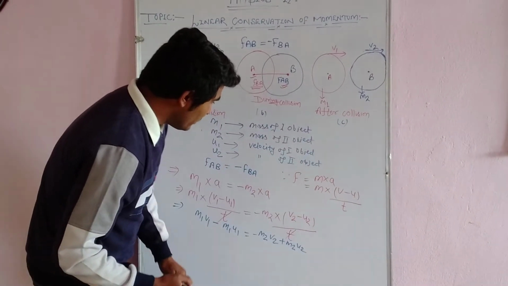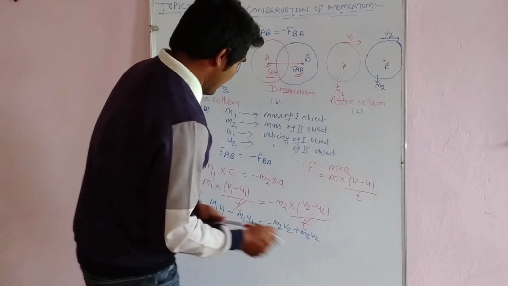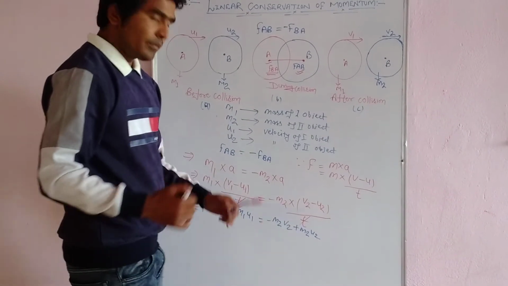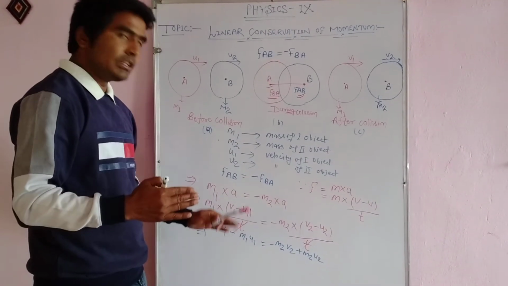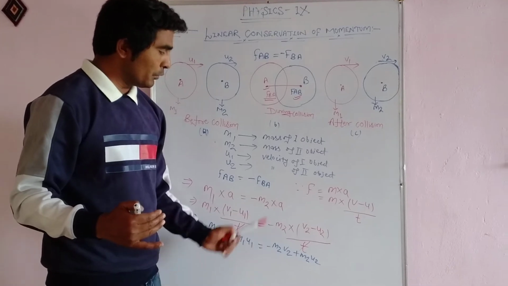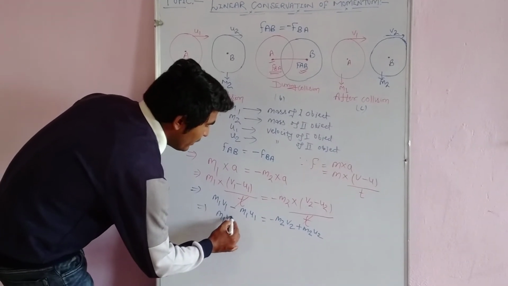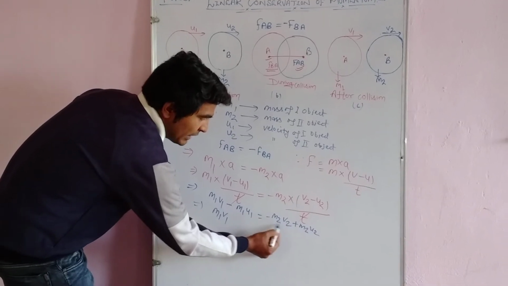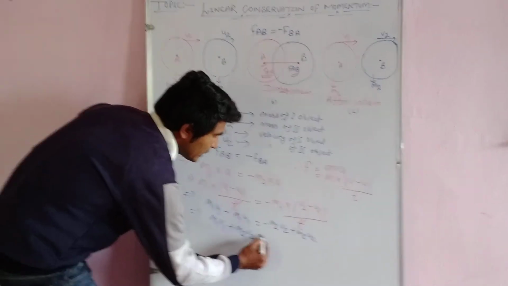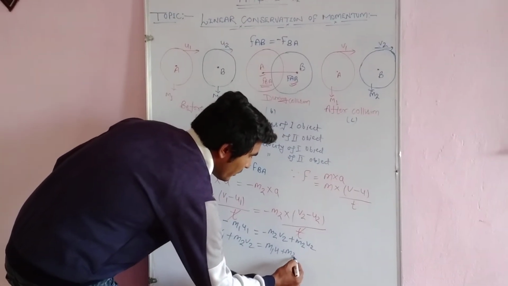Now we will separate the terms. Values related to v1 and v2 should be on one side and values related to u1 and u2 on the other side. Now we can write m1 v1 plus m2 v2 on the left hand side, equal to m1 u1 plus m2 u2.